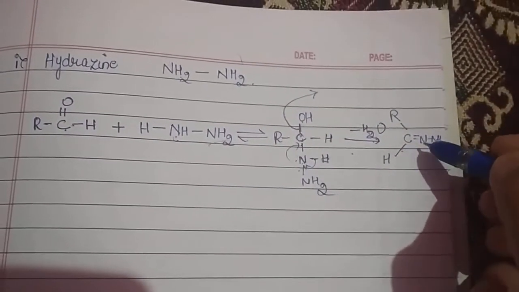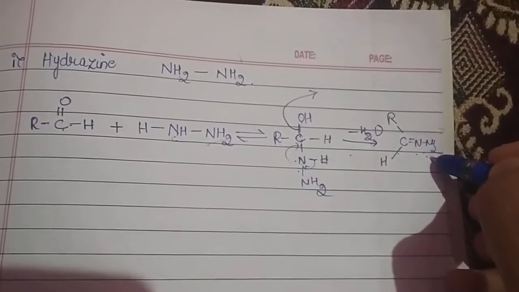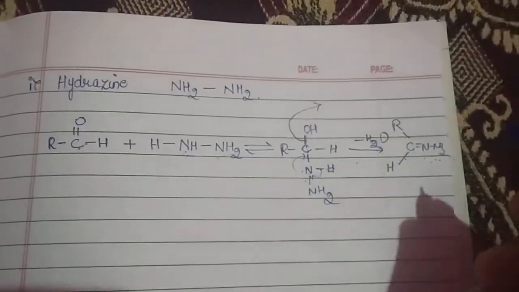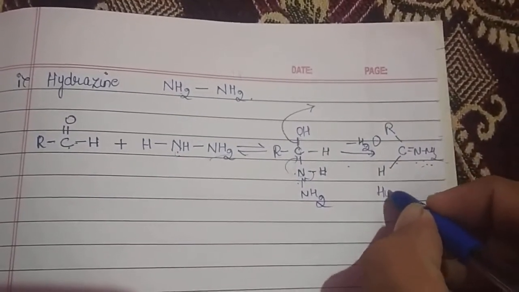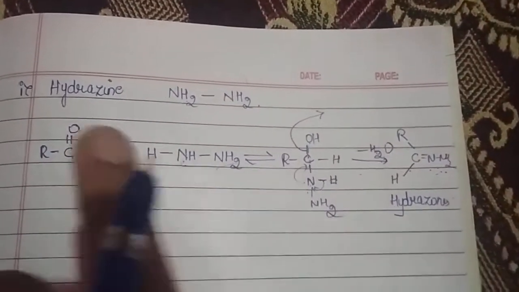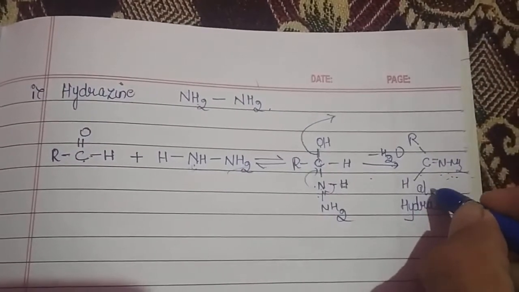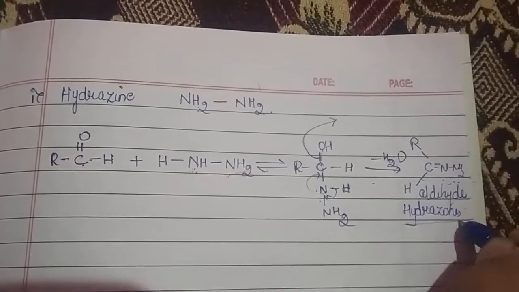We are having C double bond N Z, so in the place of Z we are having an NH2 group. Yes or no? An NH2 group is present. And remember, such types of compounds are generally called hydrazones. Whenever an aldehyde gives a hydrazone, it is called an aldehyde hydrazone.